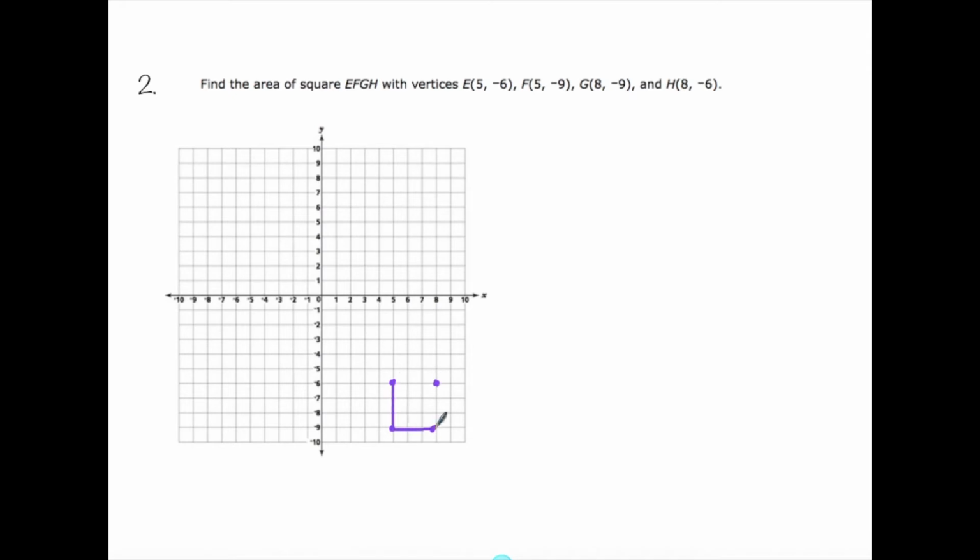And now it's really easy for us to see these side lengths, it's a square, so all the lengths are the same, and they're each 3 units long. We would just need to do 3 times 3. Area is length times width, which is 9, so our answer would be 9 square units.